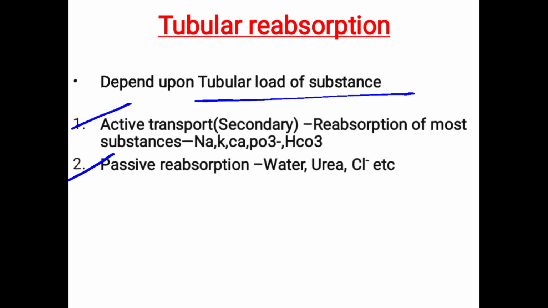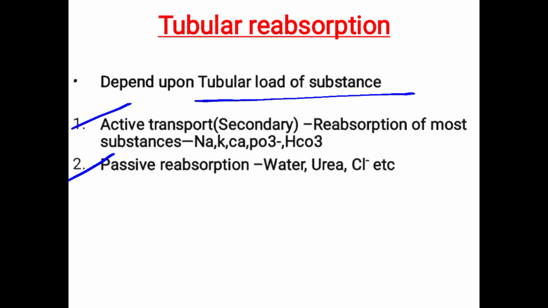Active transport is mainly by utilizing ATP, so energy is required. Substances like sodium, potassium, calcium, phosphate and bicarbonate ions are transported or reabsorbed in the renal tubules by active transport. In active transport, primary and secondary are there.